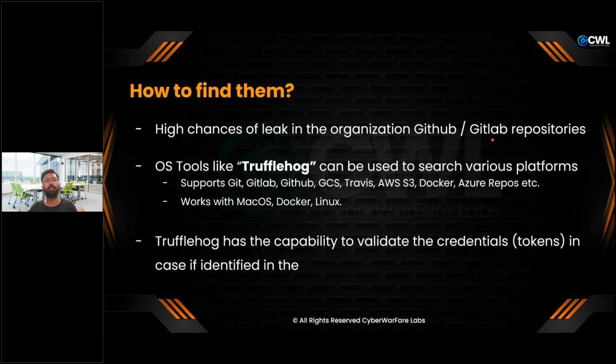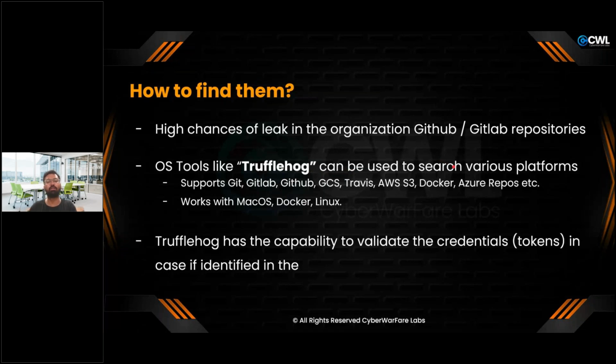The companies managing these high-level or critical software have to be very careful while putting these things out in the environment, out in cyberspace. There is a very interesting open source tool, Trufflehog. It can be used to search various platforms.